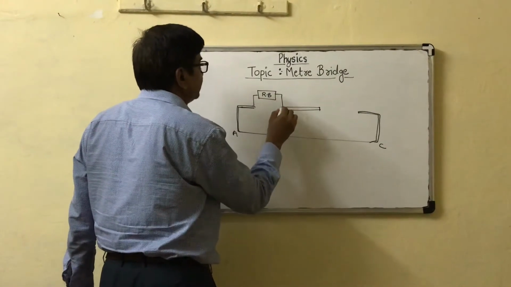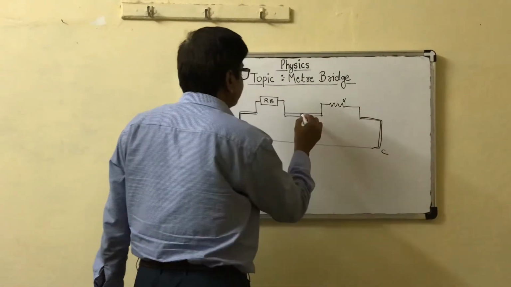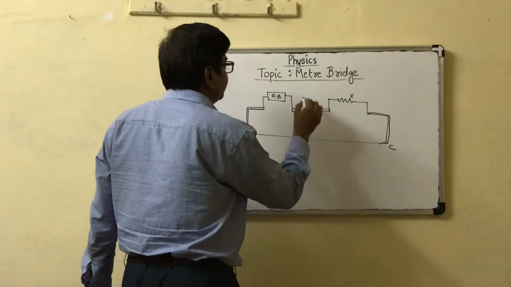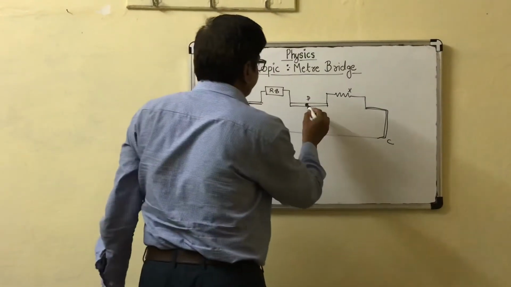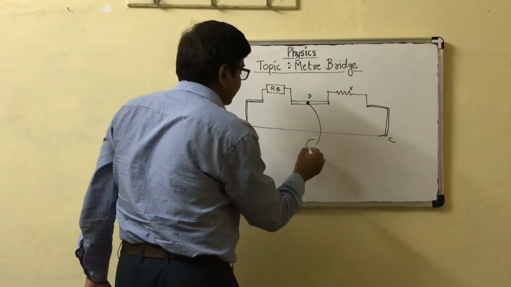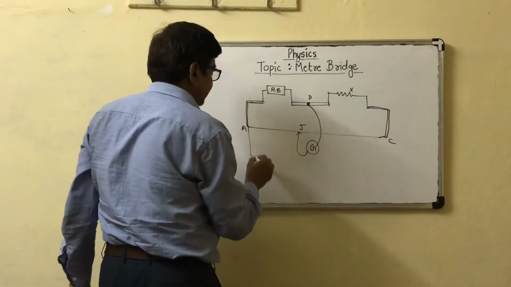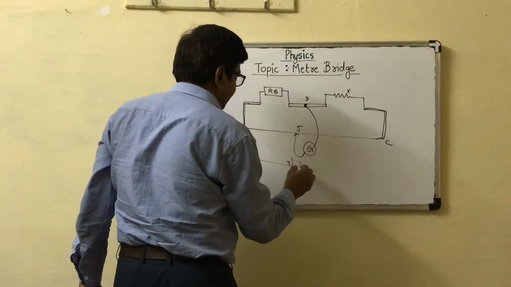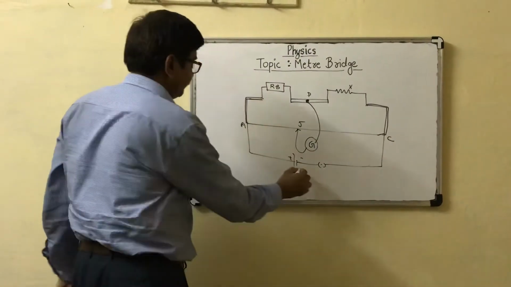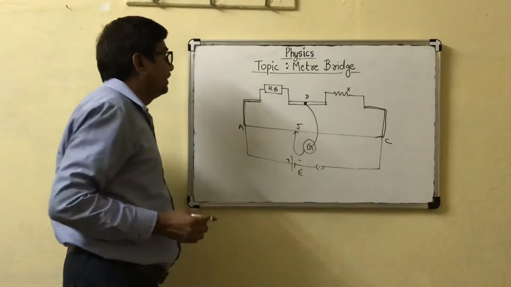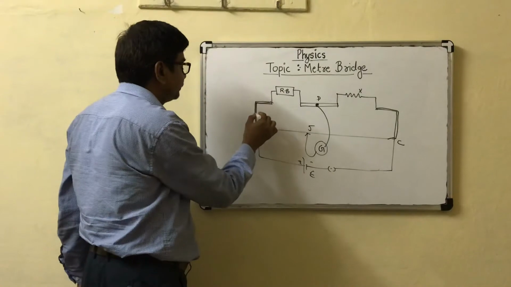RB means resistance box. This is unknown resistance X. This is a terminal, suppose D. This terminal is connected to a galvanometer through jockey and a battery, and key is connected across A and C. This is the circuit diagram. These are the two L-shaped strips.